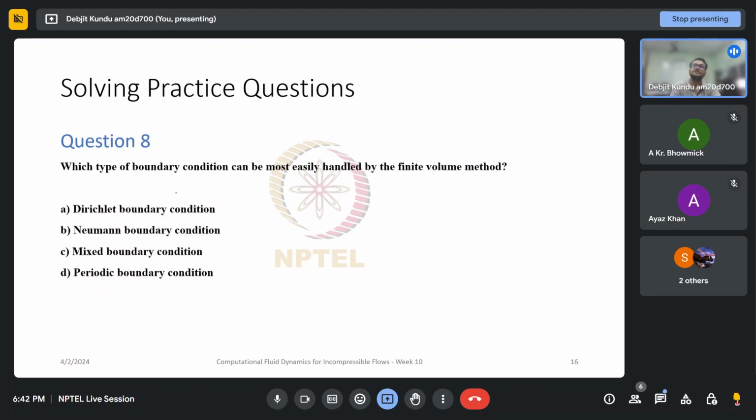So which type of boundary condition can be most easily handled by the finite volume method? Is it option A, a Dirichlet boundary condition? Option B, a Neumann boundary condition? Option C, a mixed boundary condition? Or option D, a periodic boundary condition?